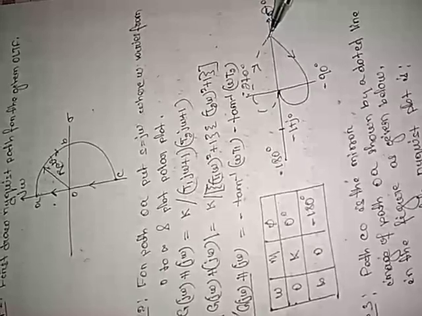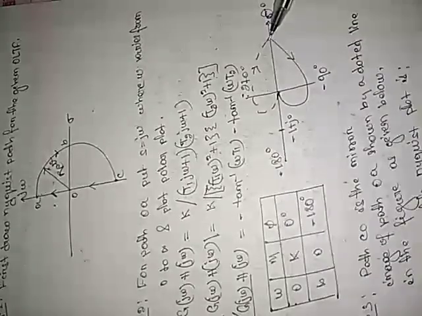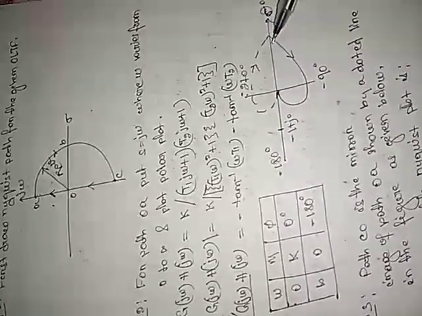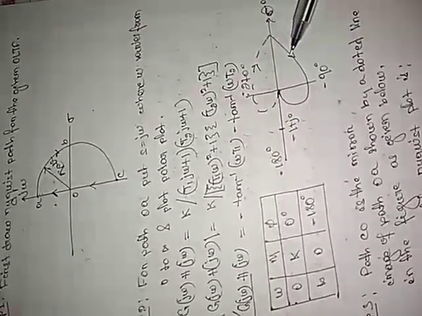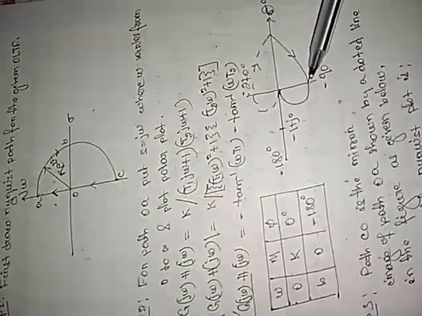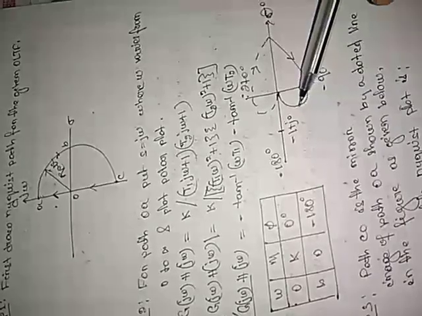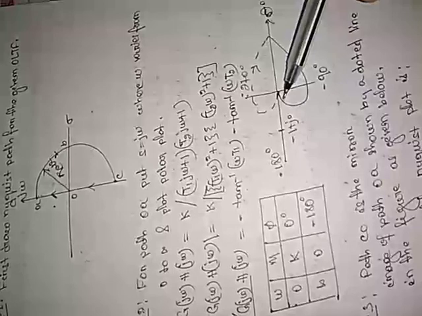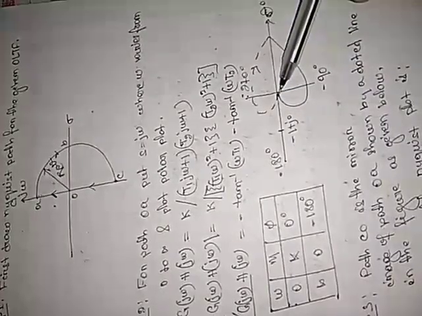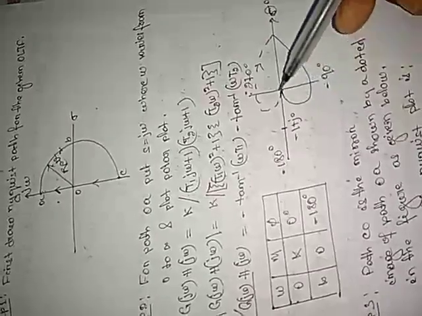Hence you start the plot at omega equal to 0, on the axis of 0 degrees, where magnitude is K, then it moves in this direction towards minus 180 degrees. When omega is infinity, magnitude is 0. So in this direction, omega is increasing.